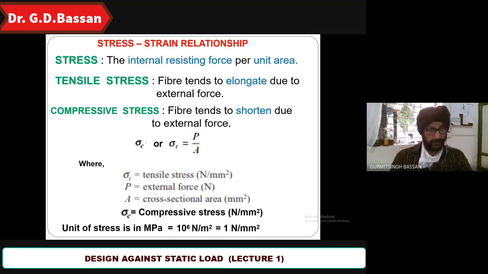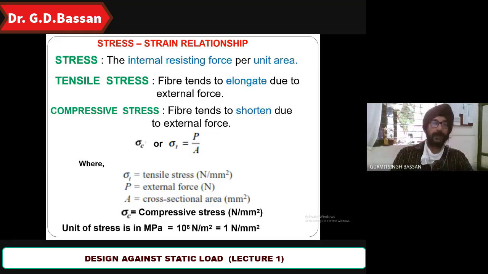Remember this. Don't try to forget these values, because in examples, values are given in megapascal and you have to convert them into Newton per mm square or Newton per meter square. So megapascal is equal to Newton per mm square. So 100 megapascal is given, that is 100 Newton per mm square.